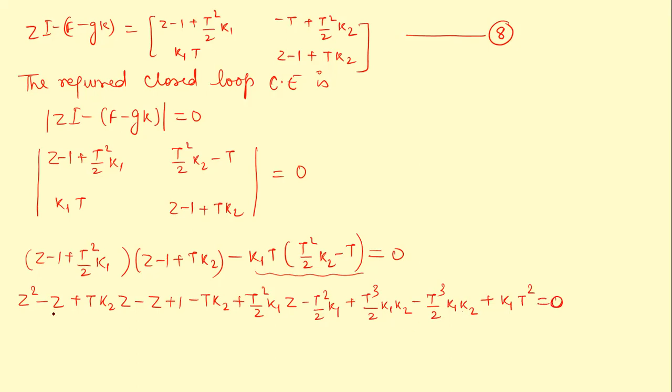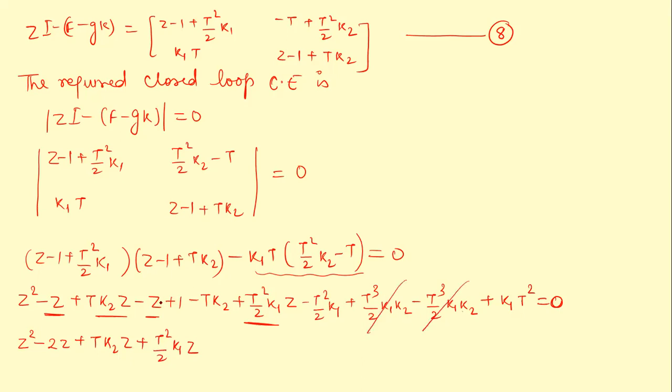So let us simplify this one. We have a z term here, here, here, and here. So we can write z squared minus 2z, since this is minus z and minus z. So we have minus 2z plus T K2 z, and then we have plus T squared by 2 K1 z. We can see these two terms will be cancelled out.